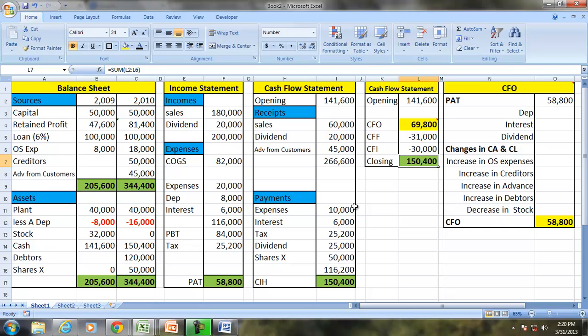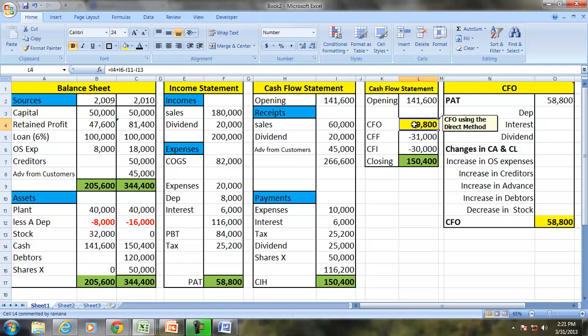So cash from financing decision negative 31,000, cash from investment decision negative 30,000, and cash from operating decision 69,800 positive. The summation of opening plus CFO, CFF and CFI will give closing cash in hand, which we already calculated as receipts minus payment.